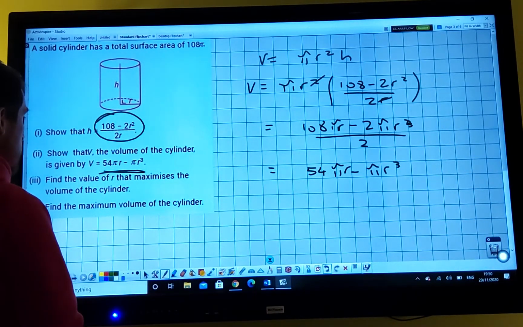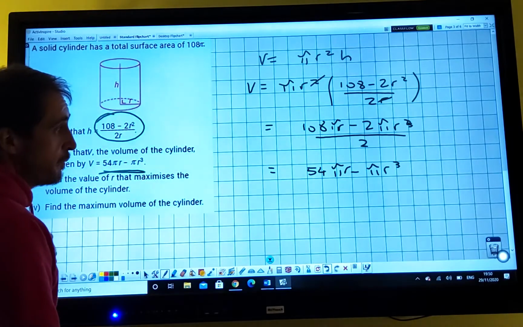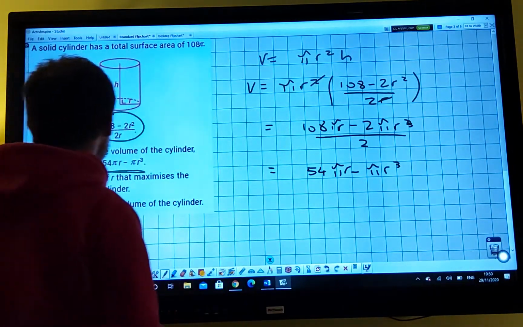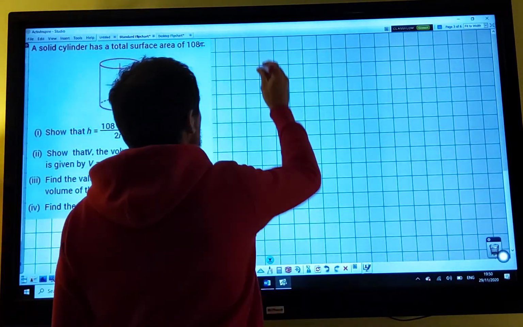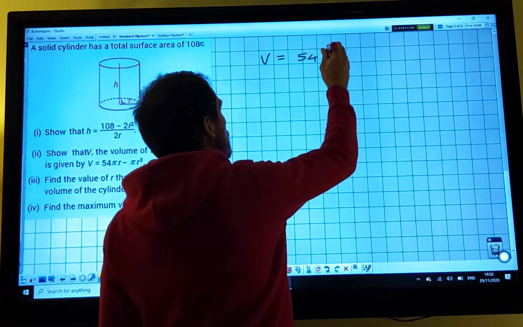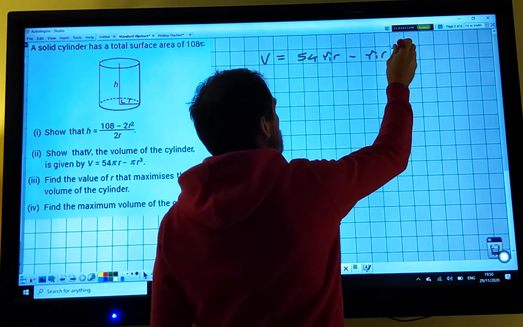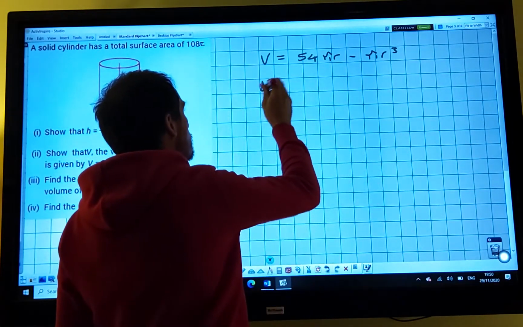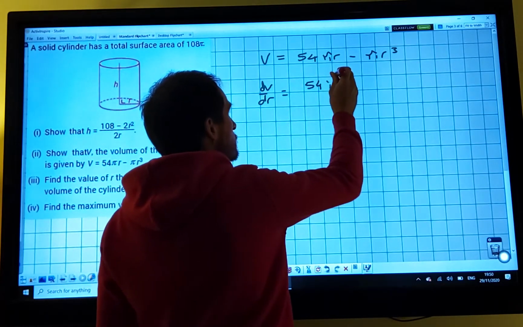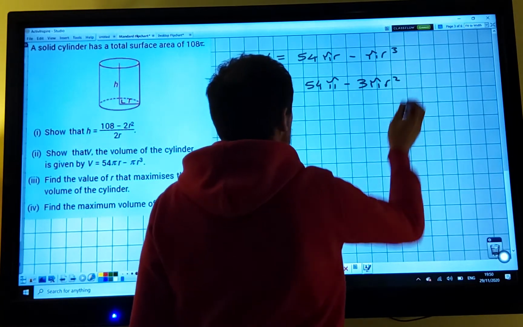Now, it says find the value of r that maximizes the volume of the cylinder. So the maximum value is going to be when the derivative is equal to 0. So if I have volume is equal to 54 pi r minus pi r cubed, well, dV/dr will just be equal to 54 pi minus 3 pi r squared.